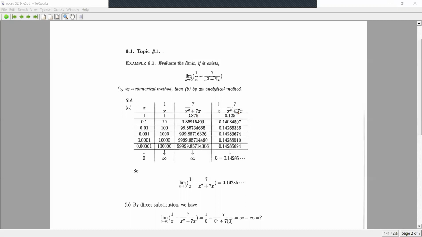The first term minus the second term approaches some number. I cannot exactly tell the value of that number. I can only tell the first few digits of the number. This number is the limit of the function. So as x approaches 0, the function approaches this number.